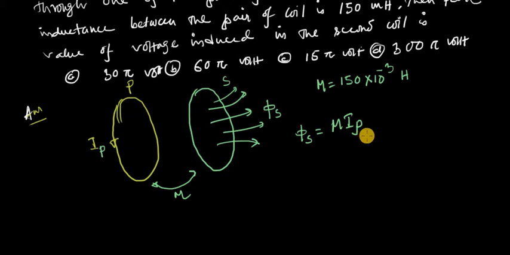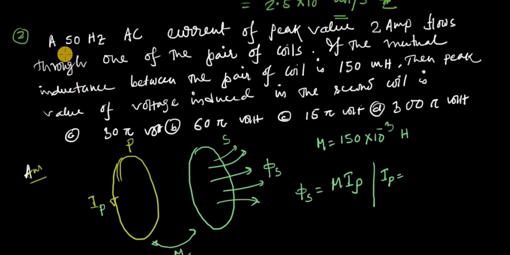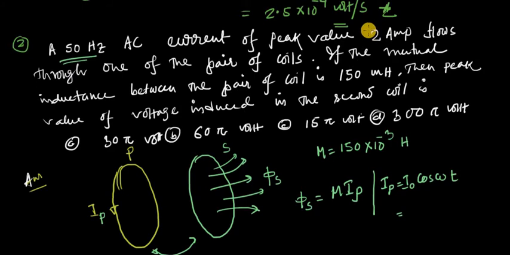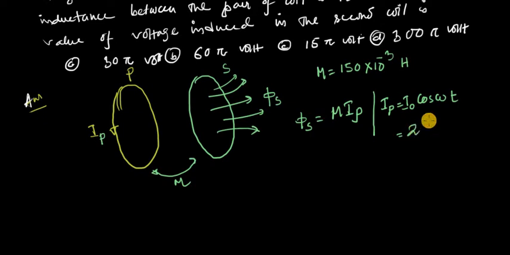Okay, now we can express the primary current this way: the primary current is an AC current, because it is given here that this is AC current, and the frequency is 50 hertz. So we can write our primary current as I0 cos omega t, and I0 is nothing but 2, the peak value, so 2 ampere. So this is 2 cos omega t, where omega is 2 pi n, the frequency, into t, and n is given as 50.